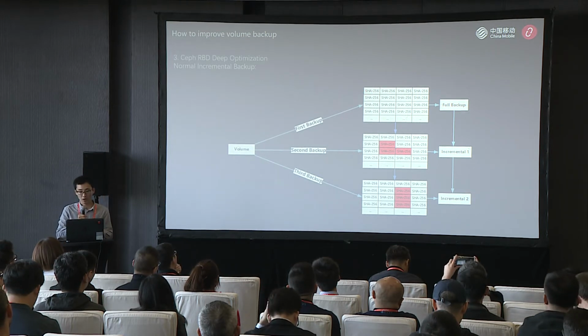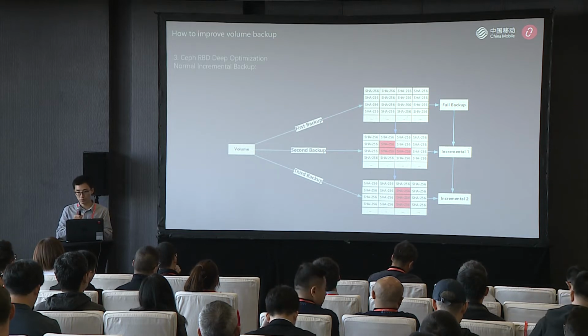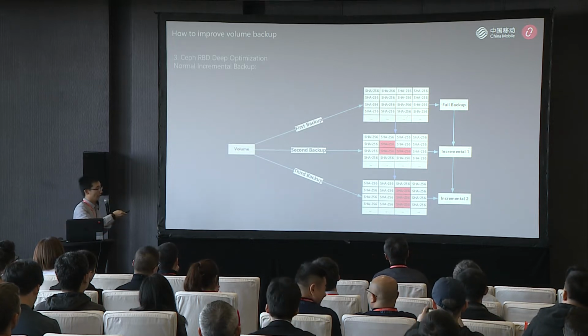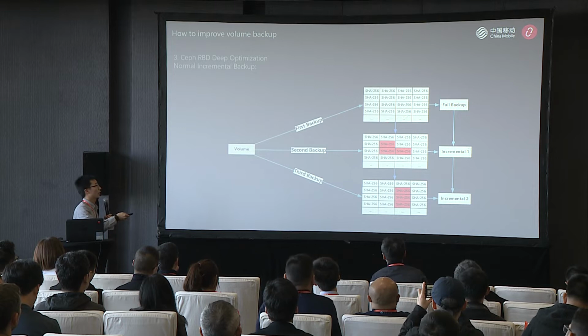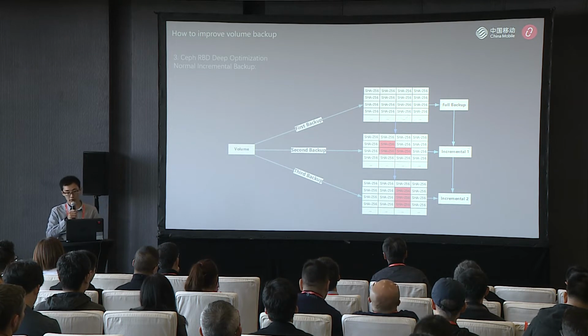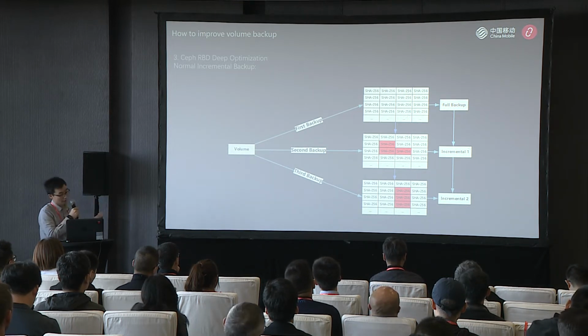The second one also needs to read the full volume data because we need to calculate the hash code as well, and then compare it with the parent backup. We will get the diff hash code, and then we will back up this diff data. The third is just the same, and so on.